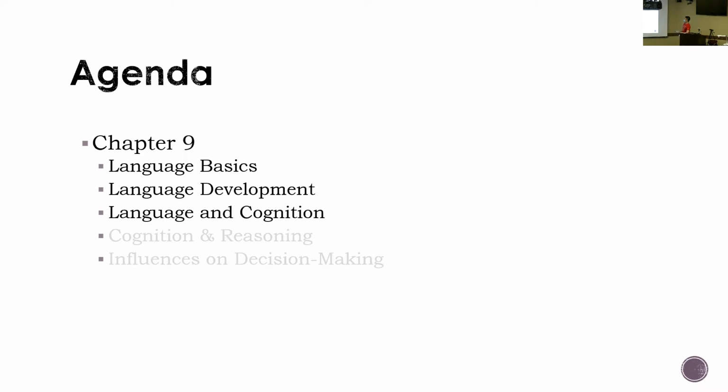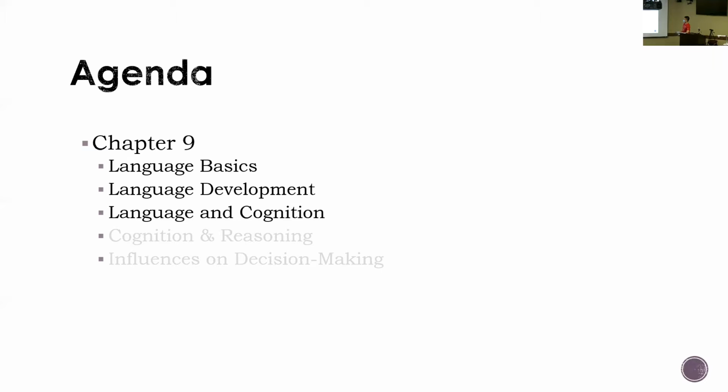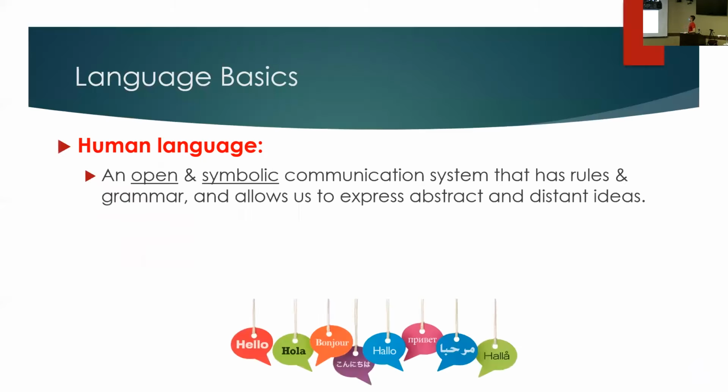Okay, so we're gonna start chapter 9 today. I'm trying to move fast. Language. Human language is an open and symbolic communication system that has rules and grammar, and this allows us to express abstract and distant ideas.